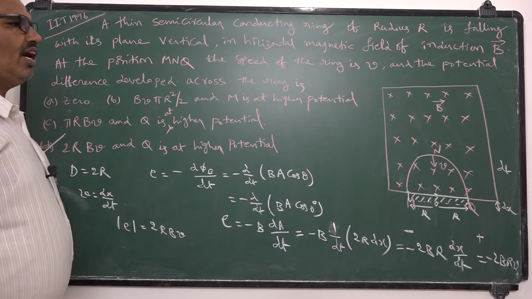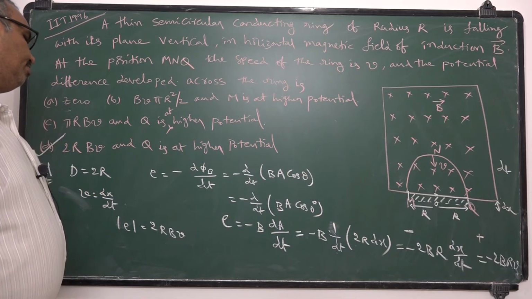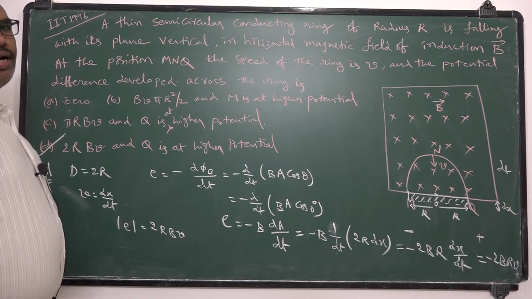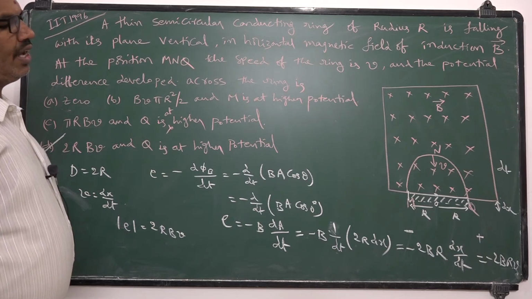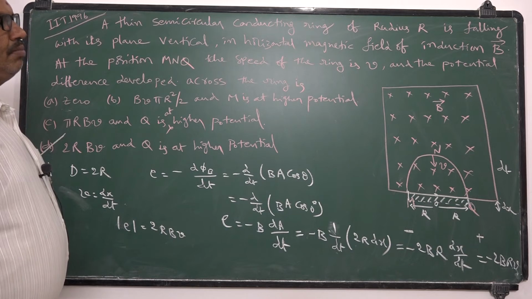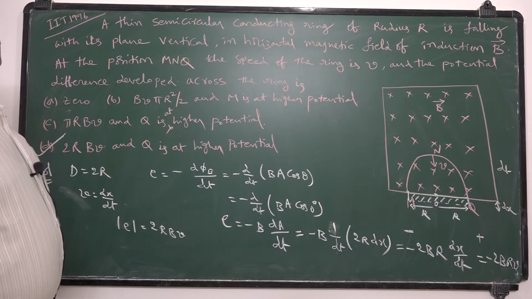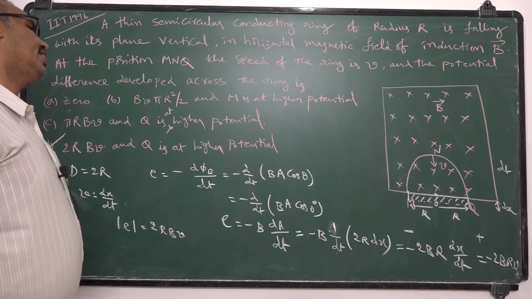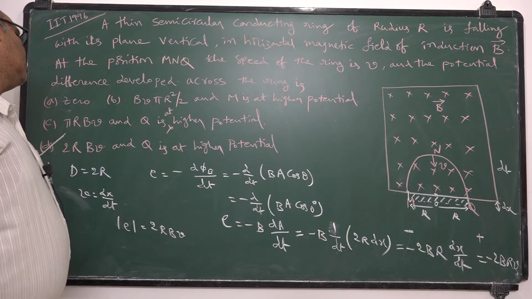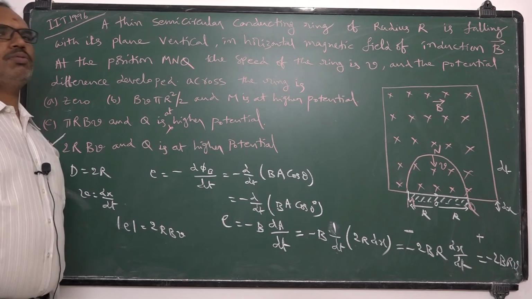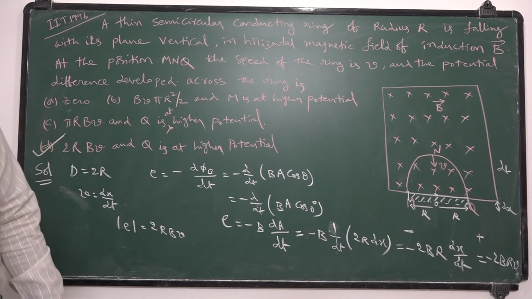By substituting the values here, you get the magnitude of EMF developed, and whether Q is at high potential or M is at high potential, you can justify with your right hand palm rule. So by knowing these values, we have understood the fourth option is the appropriate option for the given question.